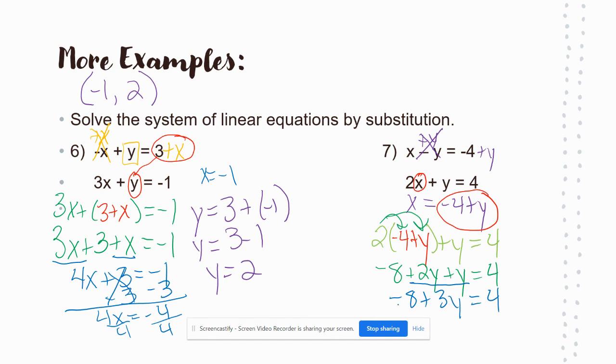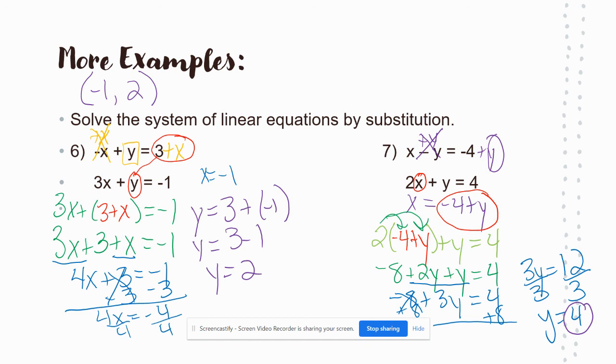Start getting the y alone. The opposite of subtracting 8 or negative 8 is adding 8 to both sides. That adds to 0. So we have 3y is equal to 12. The opposite of multiplying by 3 is dividing by 3, and we get y is equal to 4. Now that we know y is equal to 4, I can take this 4 and plug it in for either the y on the top equation or the bottom equation.